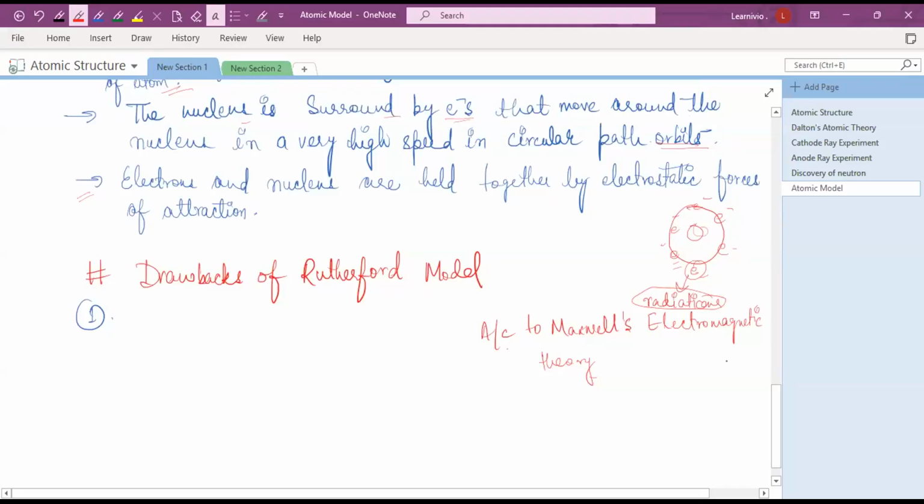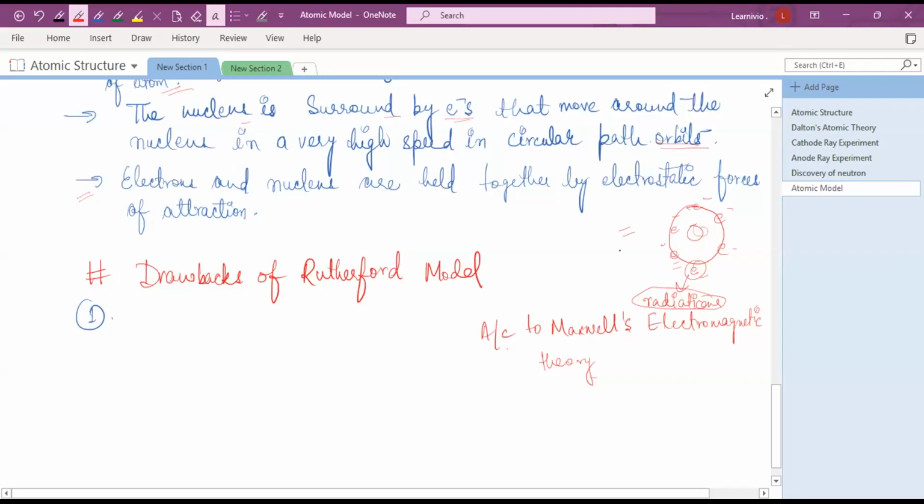So when Bohr's model came, he proved that this is the drawback of Rutherford, right? Rutherford said that the nucleus is surrounded by electrons that move around the nucleus at very high speed in a circular path, right? But it is wrong, because according to Maxwell's electromagnetic theory, if a charged particle is in acceleration, it emits some electromagnetic radiations, right?